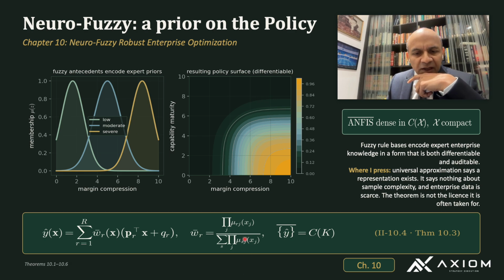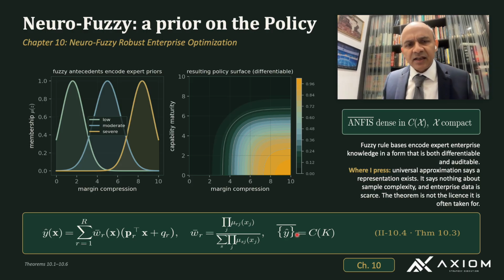So here you're just normalizing it. Finally, the universal approximation result: the ANFIS function class is dense in C(K), the continuous functions on a compact set K. A sufficiently rich ANFIS can approximate any continuous enterprise decision rule on a compact state space arbitrarily closely.